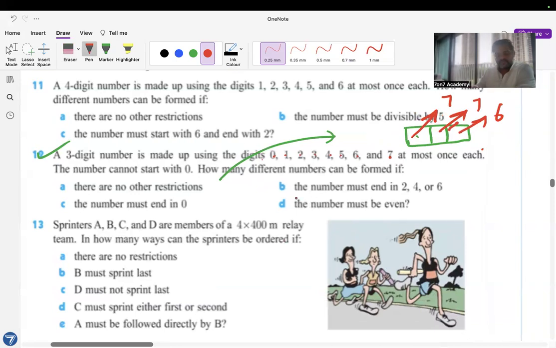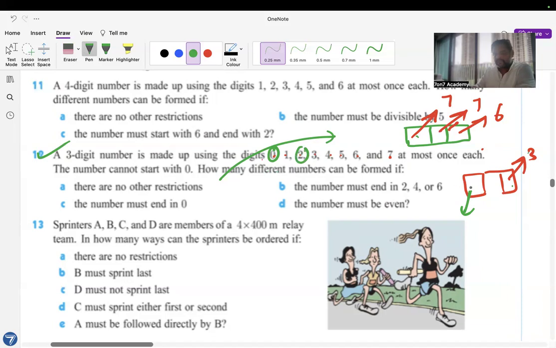Now what about this? The number must end with this or this. For the unit place, how many choices do you have? 3 choices. Now for this place, how many choices? You can't take 0 here. And if you take, suppose, 2 here, you can't take 2 here as well.